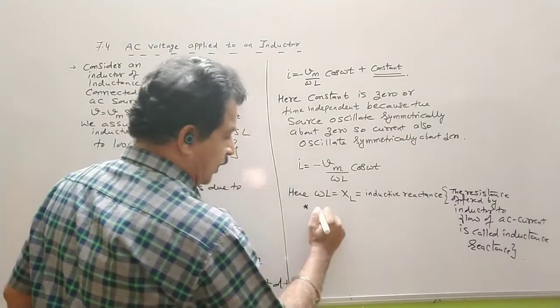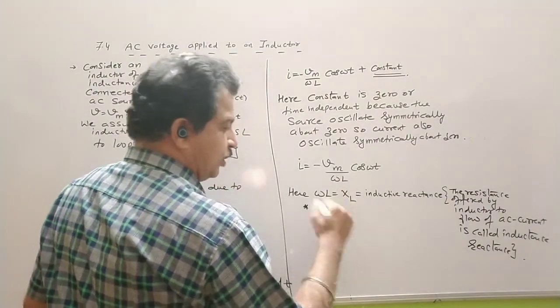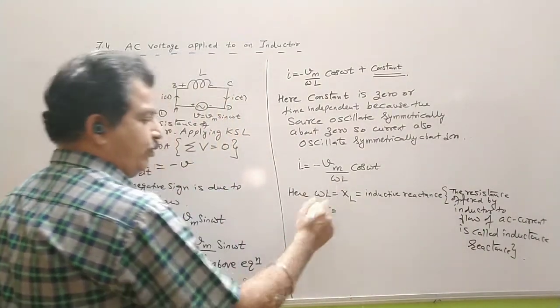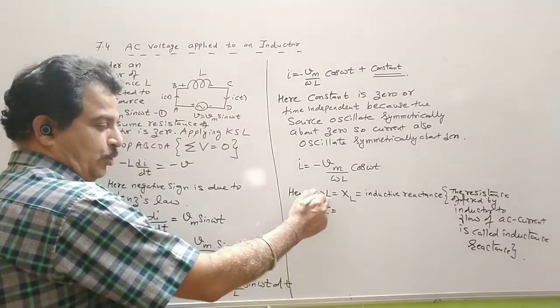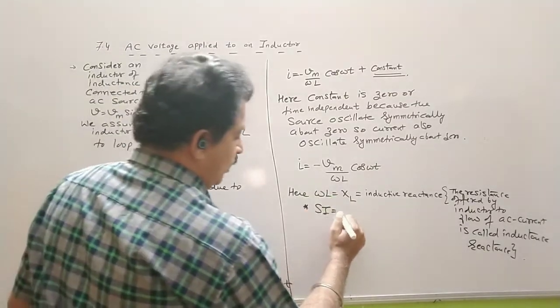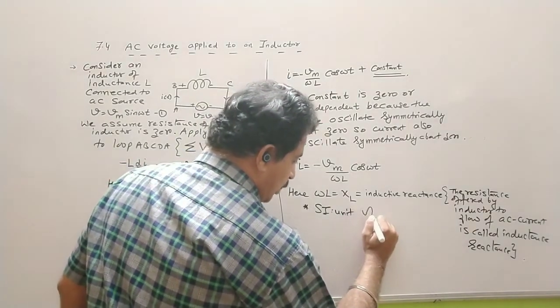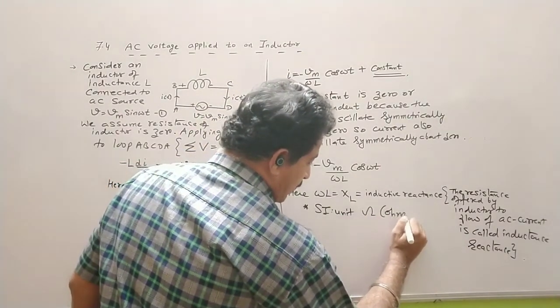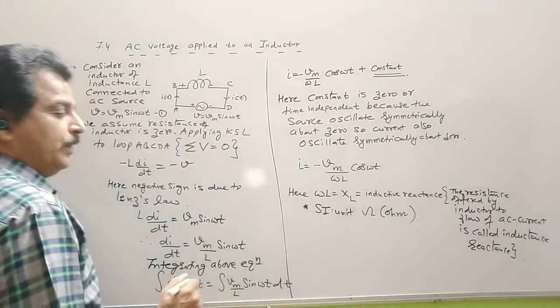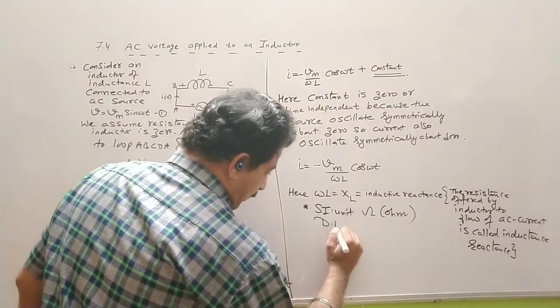Then we also write its SI unit, because it is a resistance. If you do the units of omega and L, you will find the SI unit comes out to be ohms only. So the SI unit is ohm. You can write the dimensional formula.